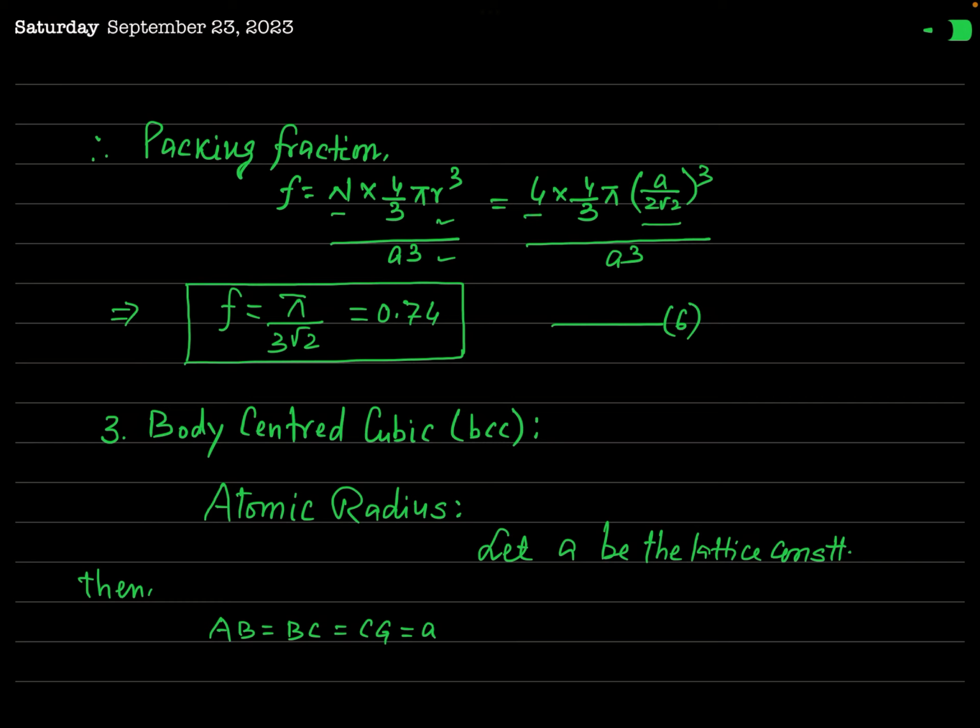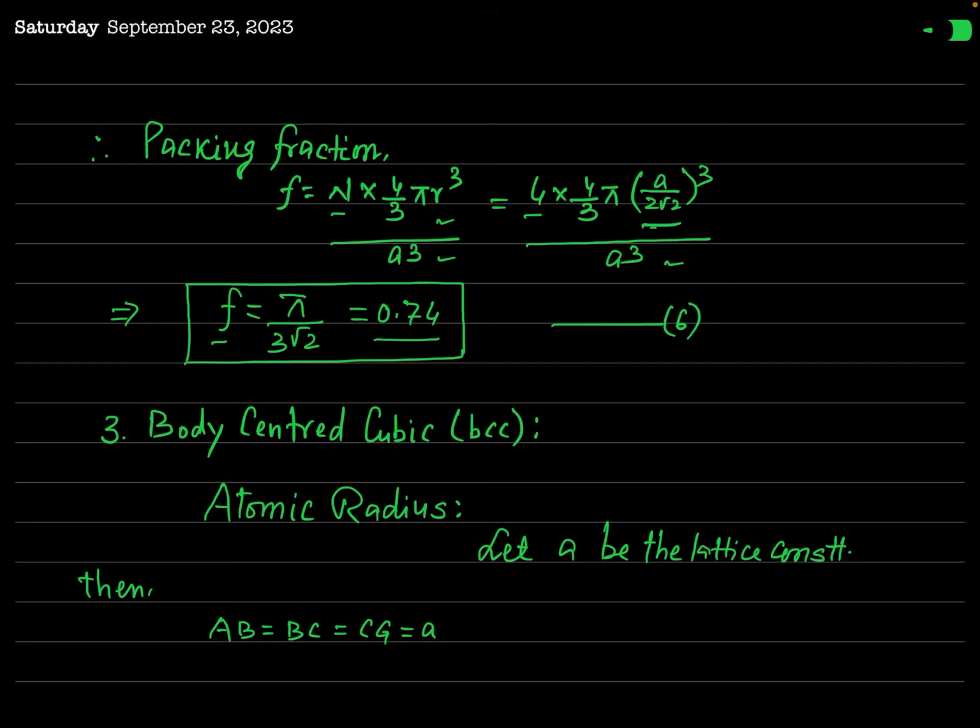So F will be equal to 4 times 4 by 3 pi times a over 2 root 2 whole cube, divided by a cube. After simplification, F will be equal to pi over 3 root 2, which is equal to 0.74. This is the packing fraction for the face-centered cubic lattice.